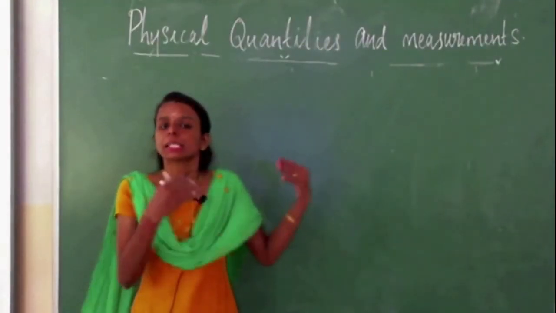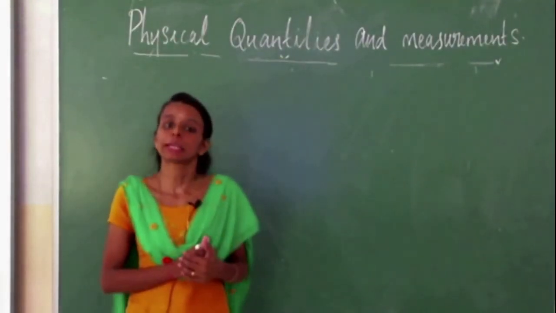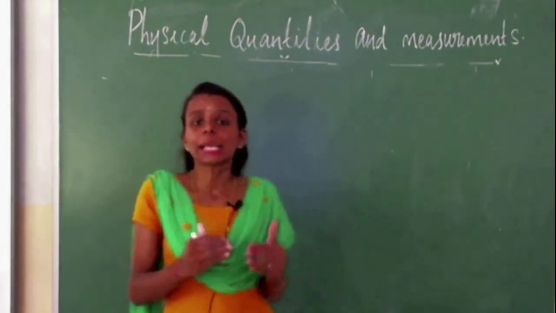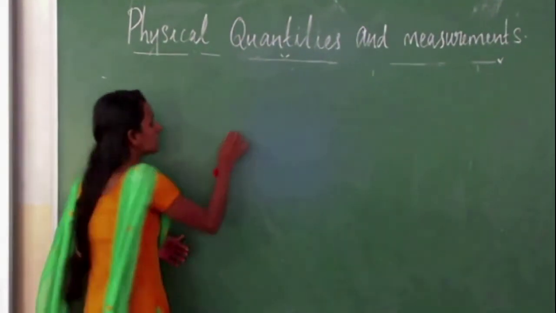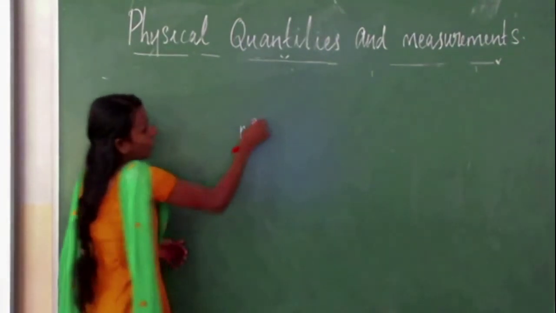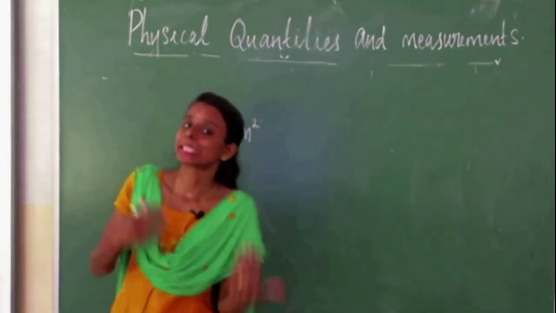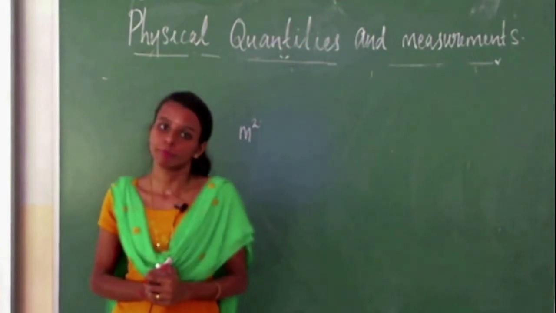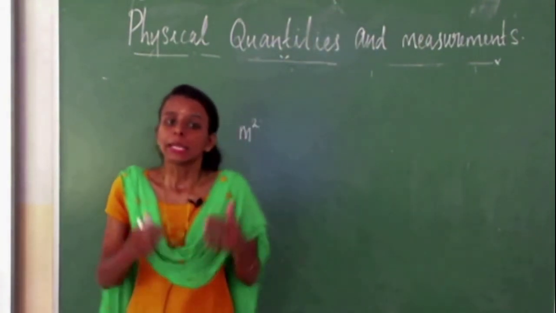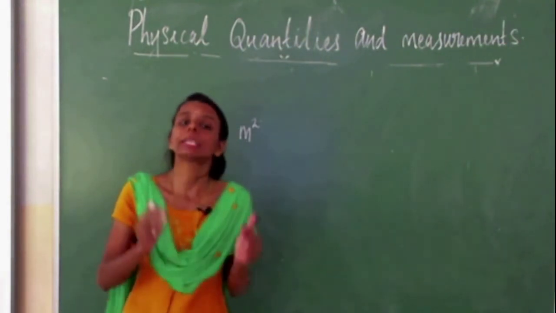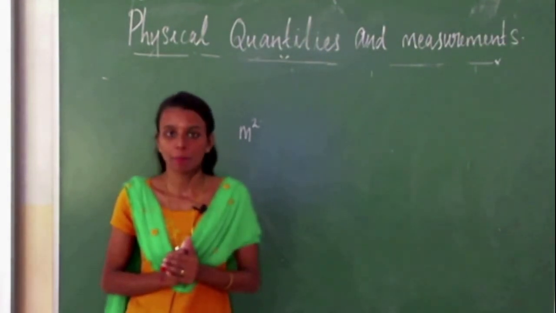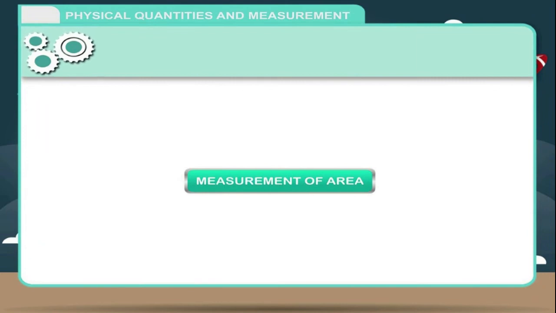Now we discuss some important formulas of different shapes. The SI unit of area is meter square. We can write it as m square. There are some multiple units and sub-multiple units of area. The decameter square, hectare and square kilometer are the multiple units of area. Measurement of area.